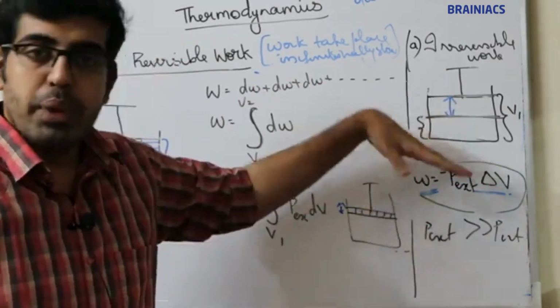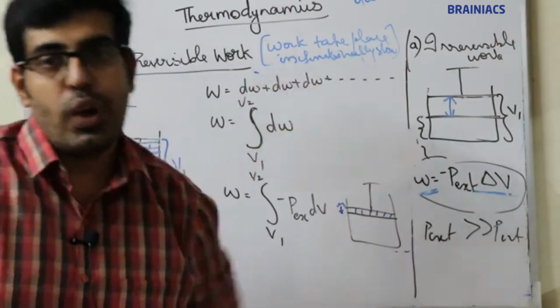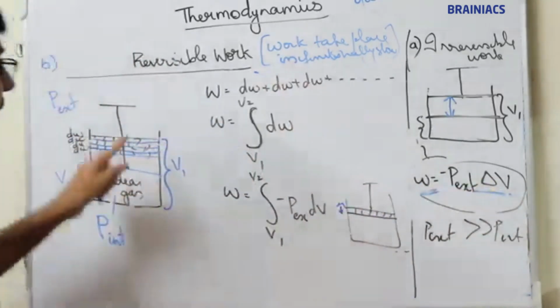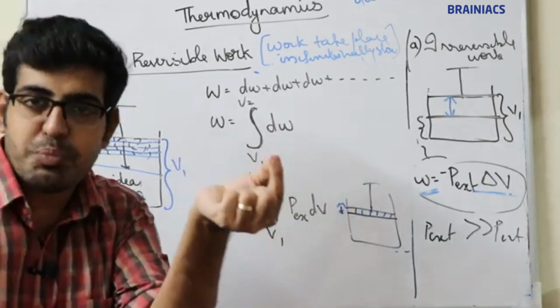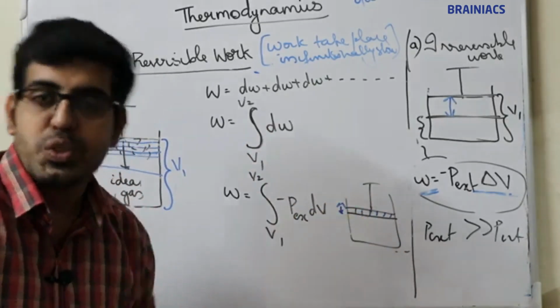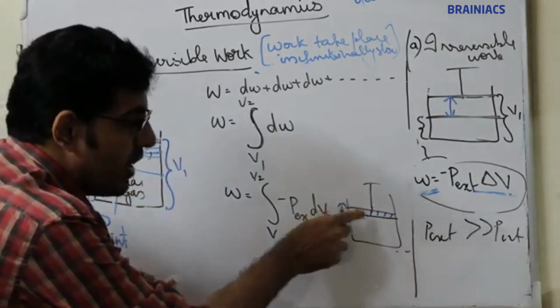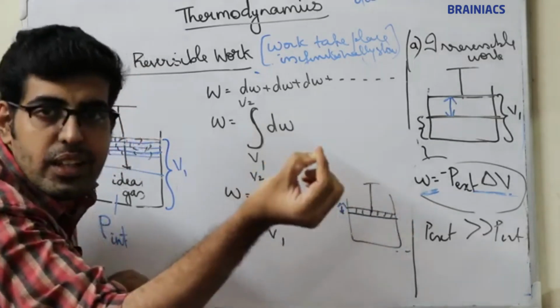Work done by the piston will have a very large value because volume change is large. Same way, here work done by the piston in a single step is very small because volume change is very small, when the piston moves from here to here.